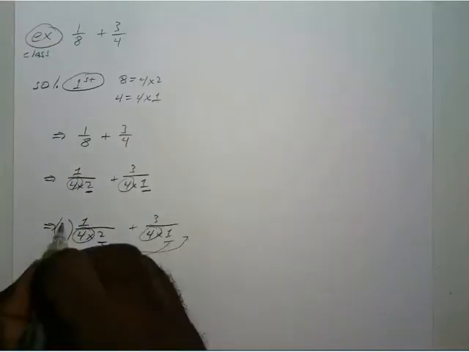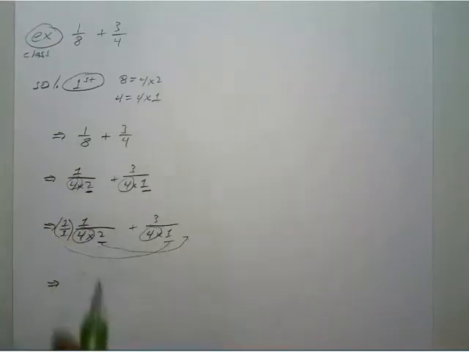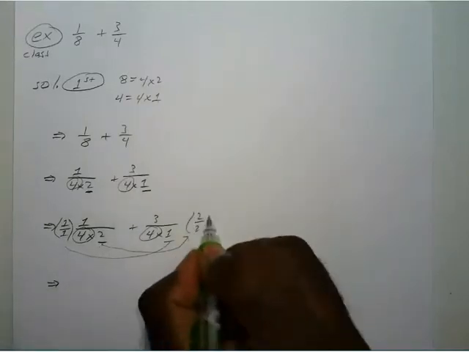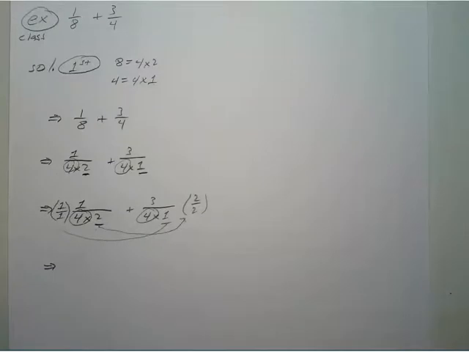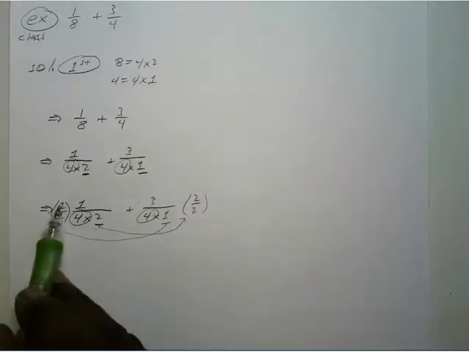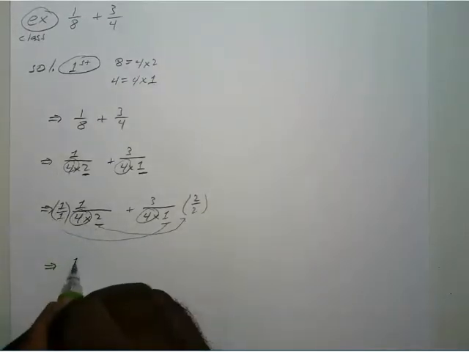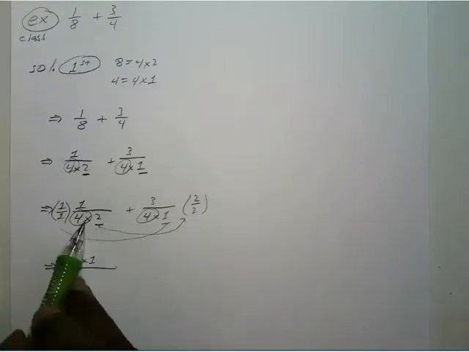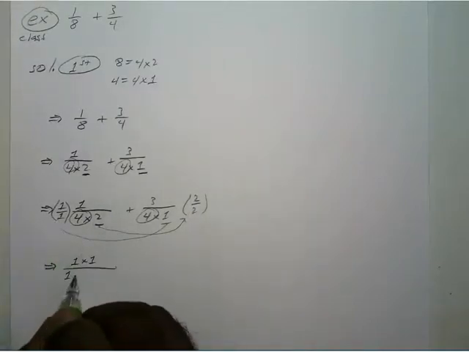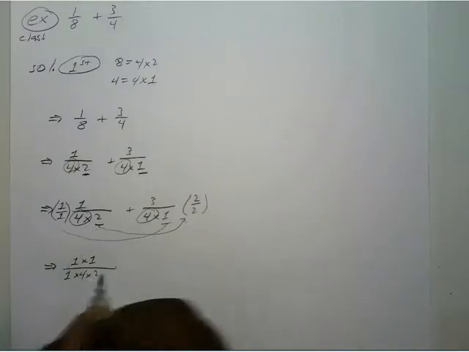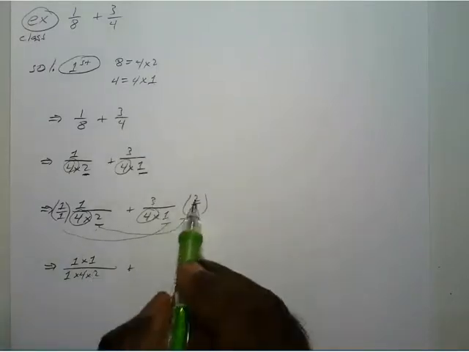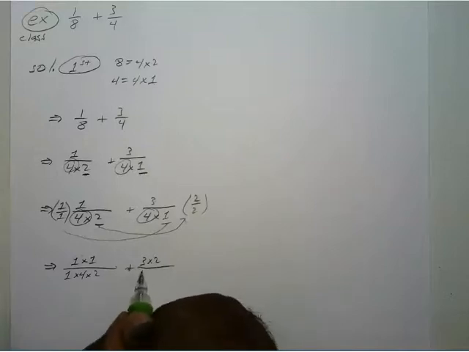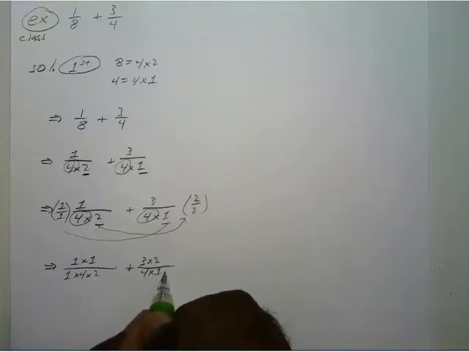This one is multiplied here, so that's 1 over 1. And this 2 is multiplied over here, so that's 2 over 2. So this numerator is 1 times 1 over 1 times 4 times 2 plus 3 times 2 over 4 times 1 times 2.